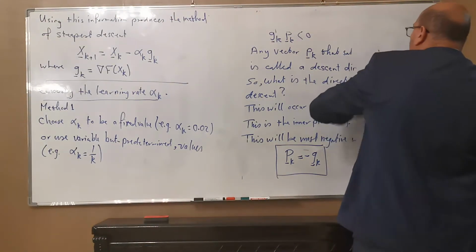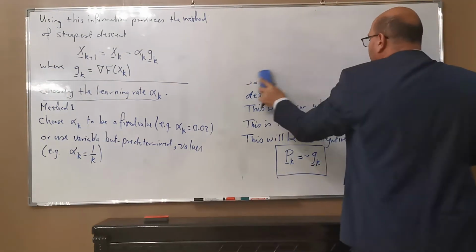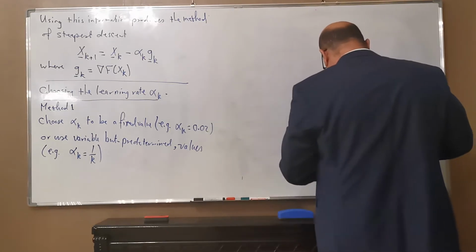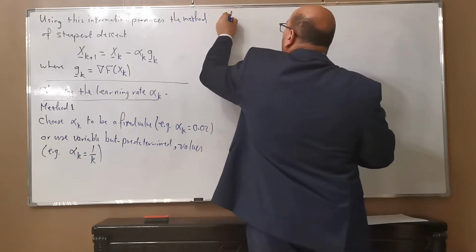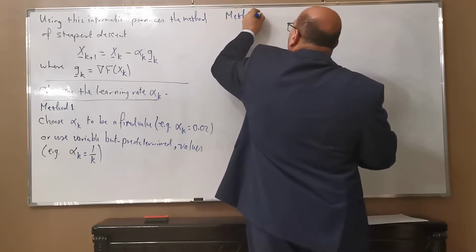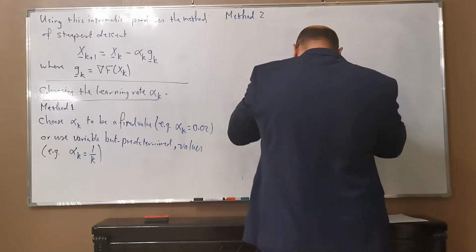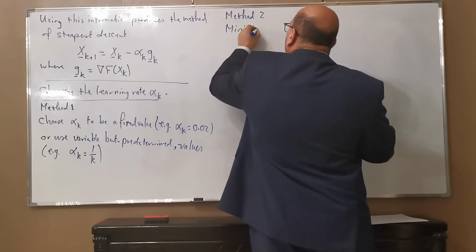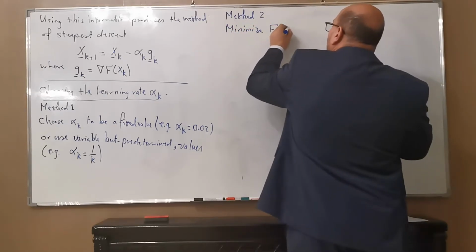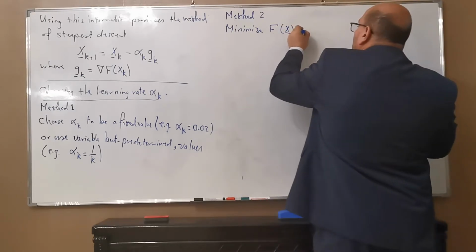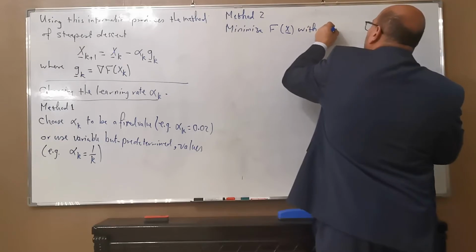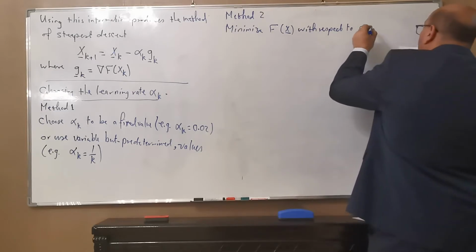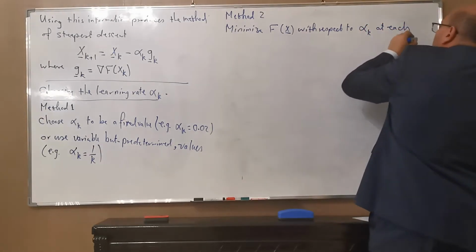The other method is to do some optimization for alpha k. So method 2: we will minimize f of x with respect to alpha k at each iteration.